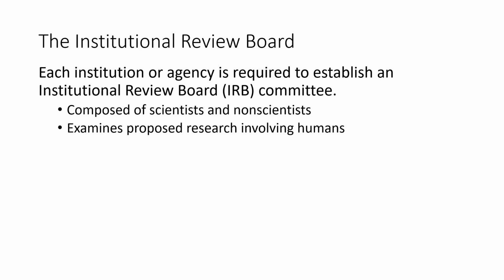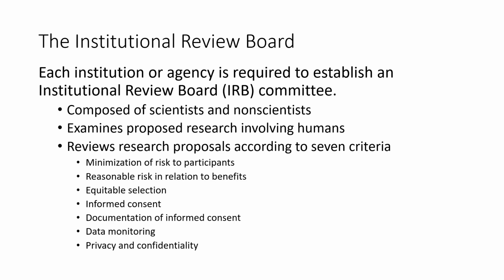So every institution or agency is required to establish an institutional review board committee. It has to be composed of both scientists and non-scientists, as well as someone from inside the institution and outside the institution, and it examines any proposed research involving humans and animals.